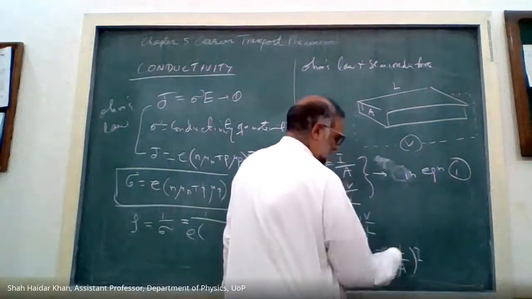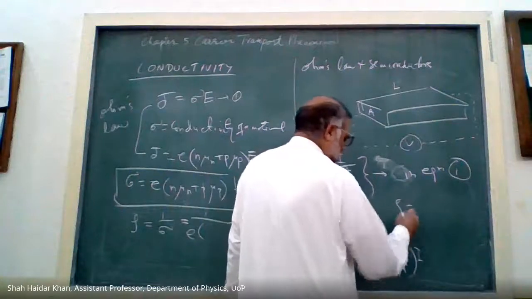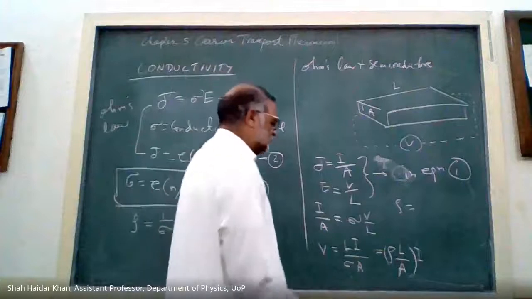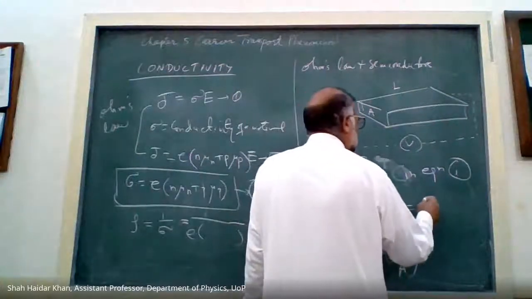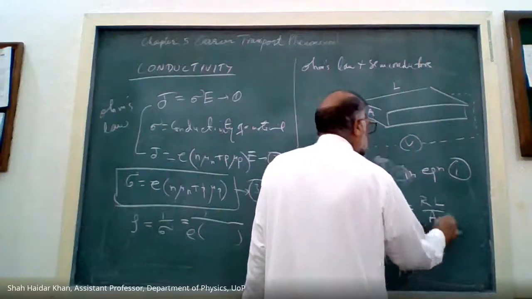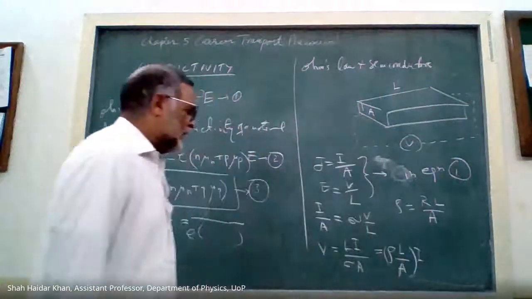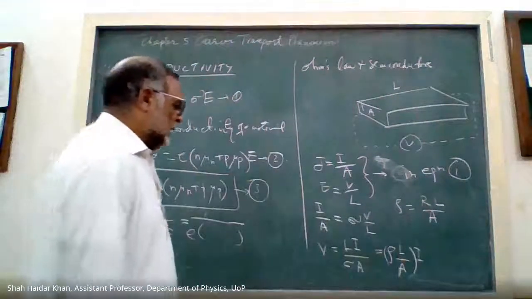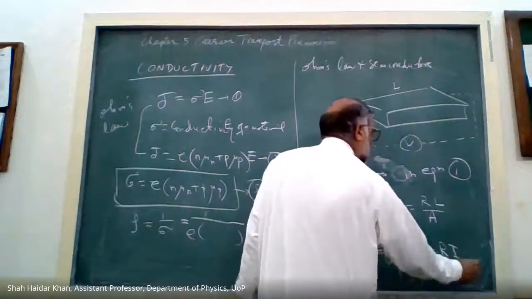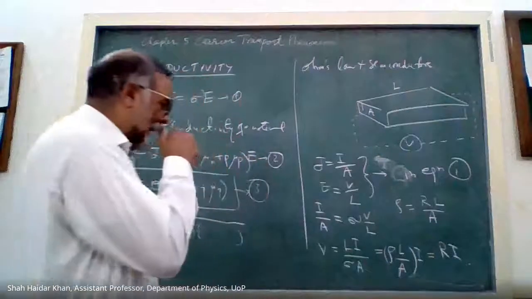This is the definition of resistance, so V is equal to R into I.